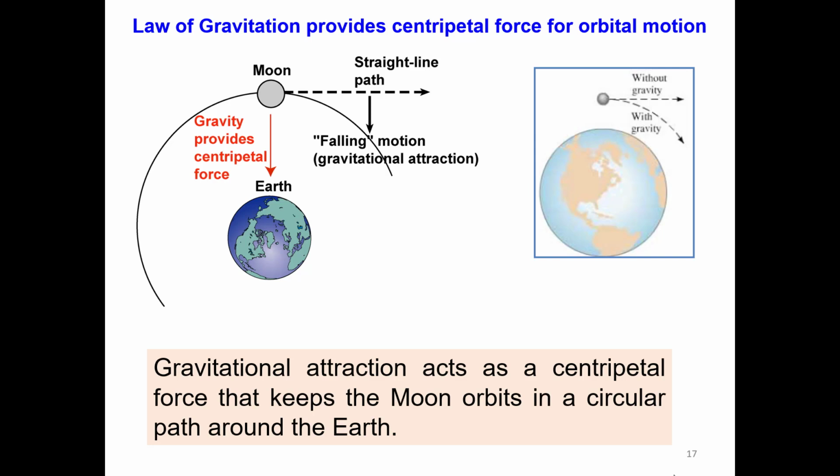This is why the attraction force between the moon and the Earth keeps the moon moving in this circular path. Without gravity, this is the trajectory the moon would follow. But if there is a gravity force, then the trajectory is the circular one that is happening. This is all I had to discuss for today.